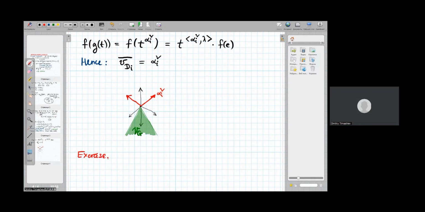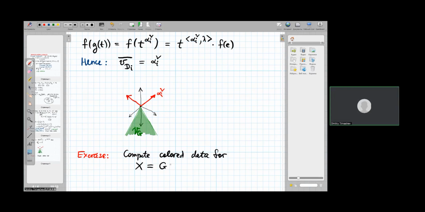So we computed the color data for the group G itself, considered as a spherical homogeneous space under G cross G. And now try to compute the color data for the following spherical homogeneous spaces.